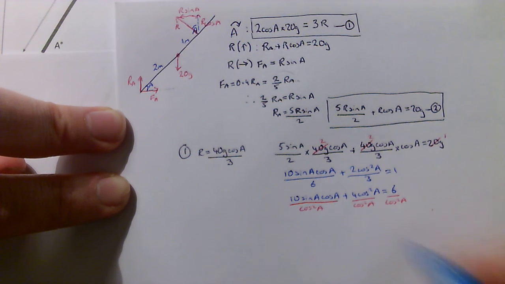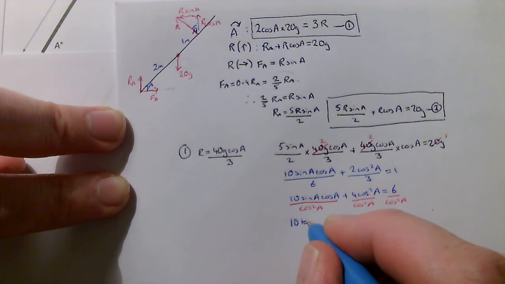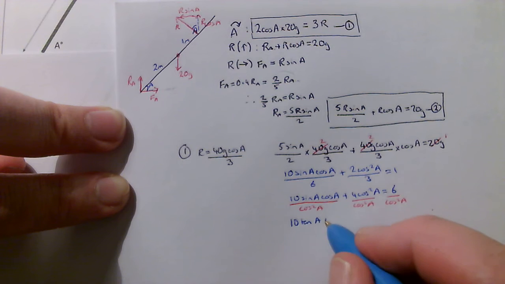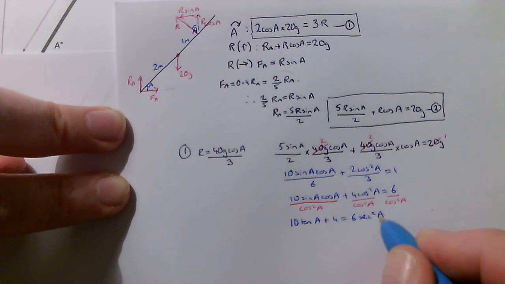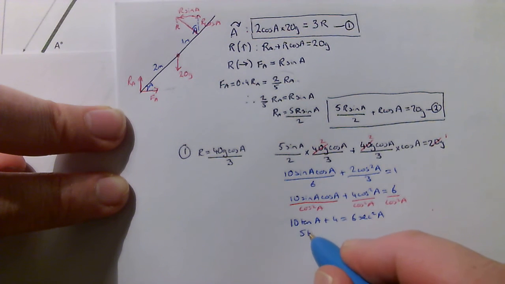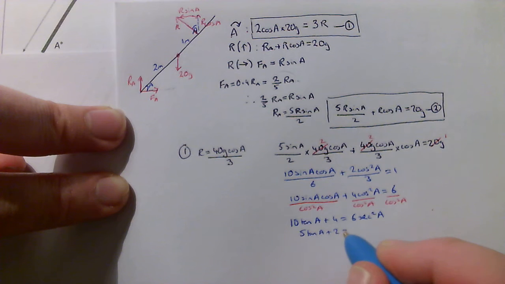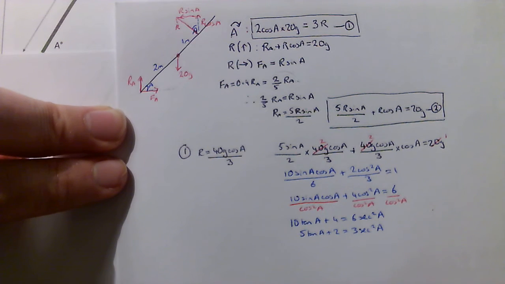Sin A over cos A is tan A, so I'm left with 10 tan A plus 4 equals 6 sec squared A. Divide everything by 2 here just to make life easier for yourself, so 5 tan A plus 2 equals 3 sec squared A.